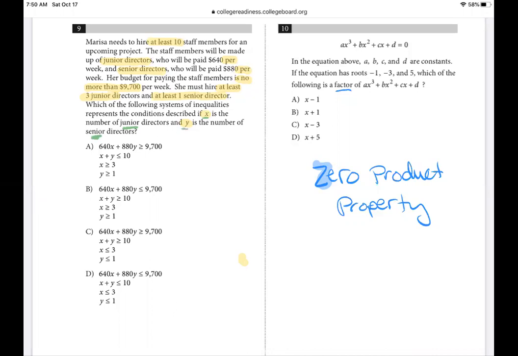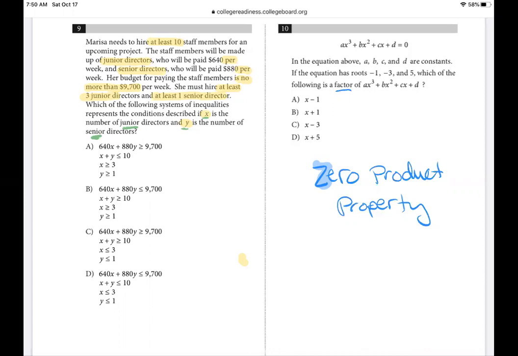When I go through, I like to make my variables meaningful. So I might start with using J for junior directors and S for senior directors. So let's go from the top. Marissa needs to hire at least 10 staff members. So I interpret that as at least 10 total.